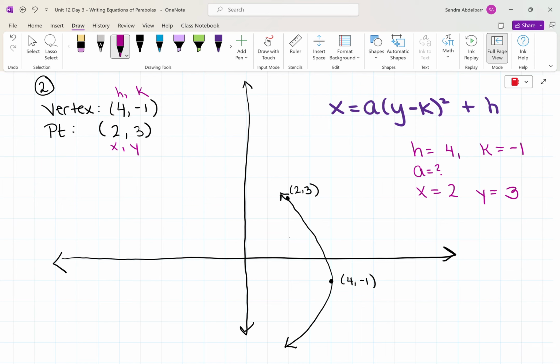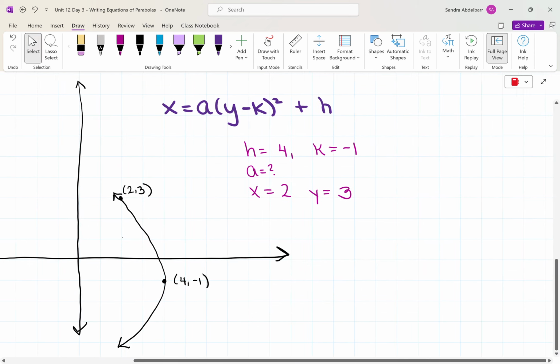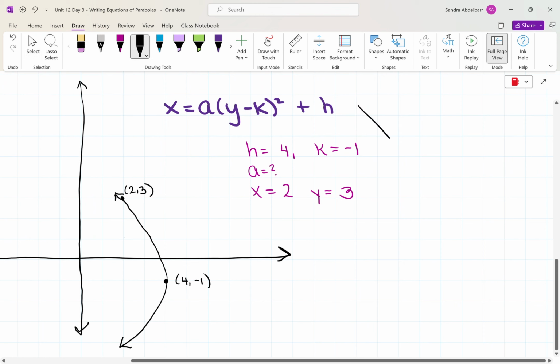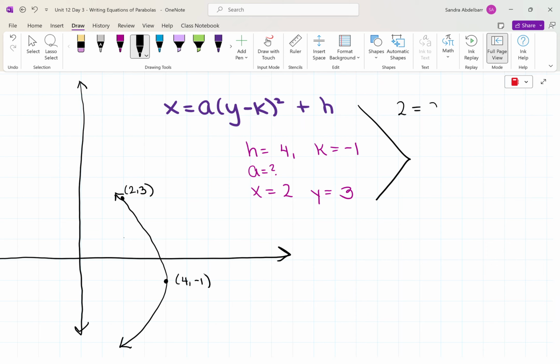So now what I'm going to do is take my h, my k, my x and my y. I'm going to plug them in, and I will solve for a. So now we're going to have 2 is equal to a times 3 minus -1, quantity squared, plus 4.